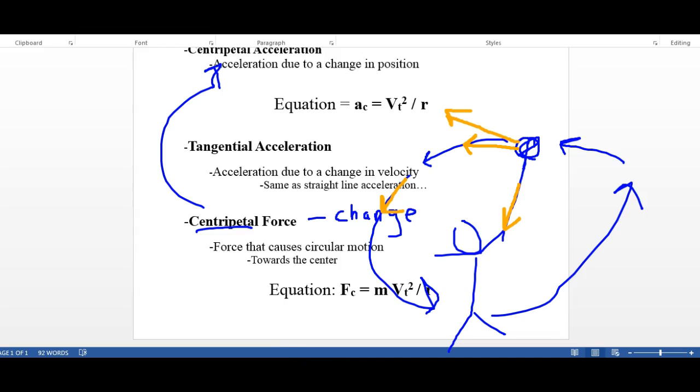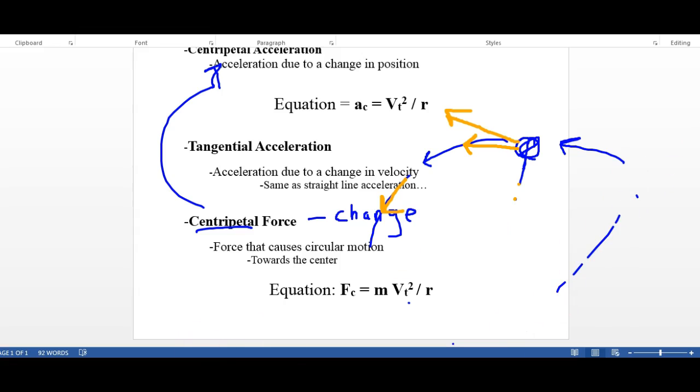Now the equation for this is F of c is mass, that's m, times v of t squared divided by r. And it's the more complicated calculations, and just like in linear motion, a force is going to be in Newtons, N, acceleration in meters per second squared, and then velocity is going to be meters per second or kilometers per hour, those kind of units.